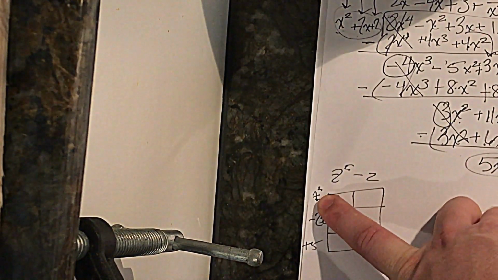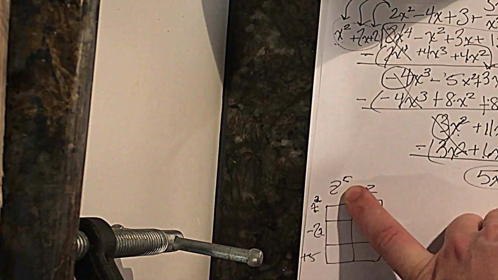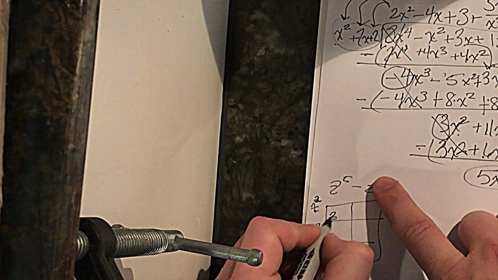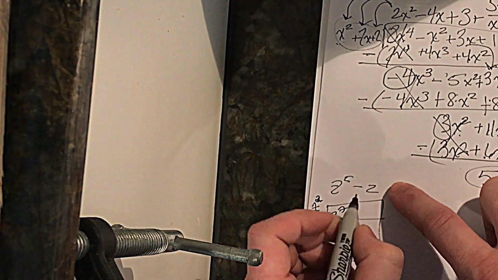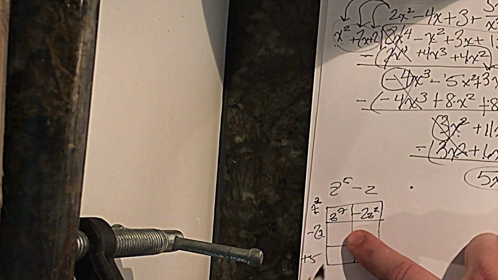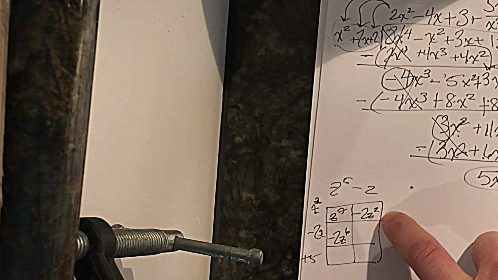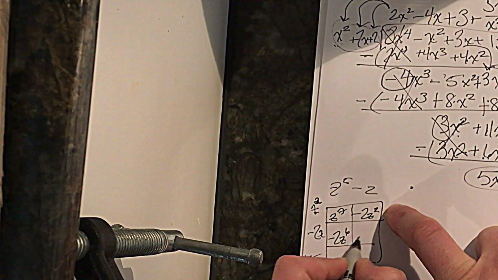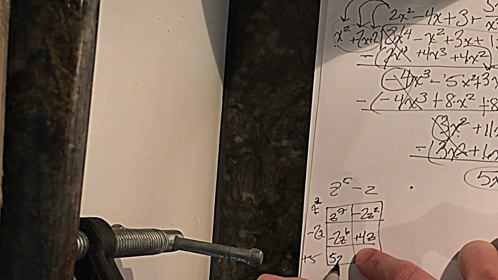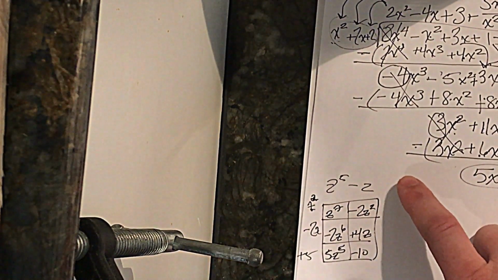So z squared and z to the 5th is z to the 7th, minus 2z squared, minus 2z to the 6th, plus 4z. That's 5z to the 5th, and this is negative 10.